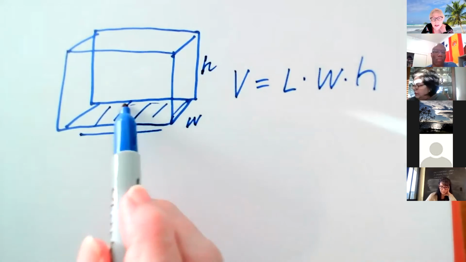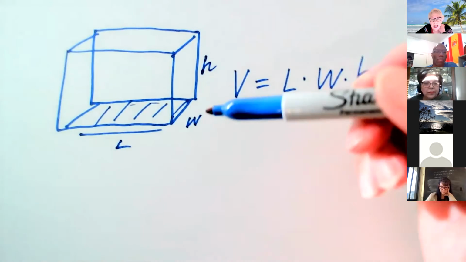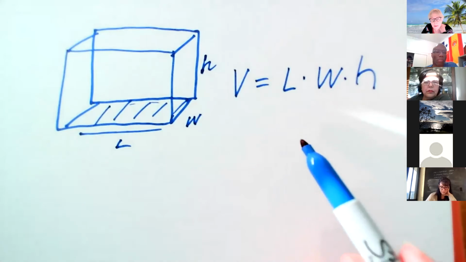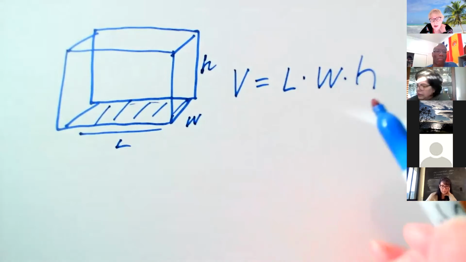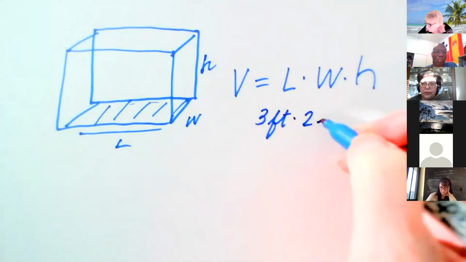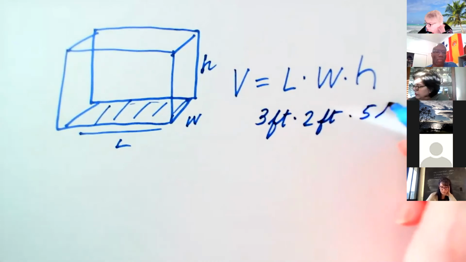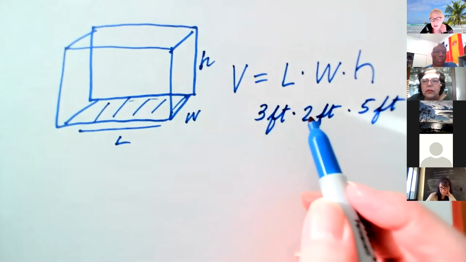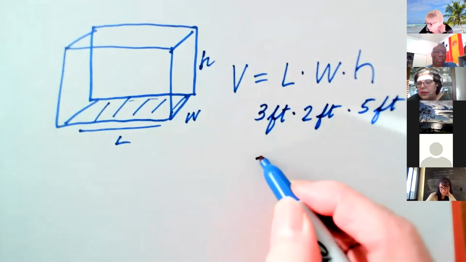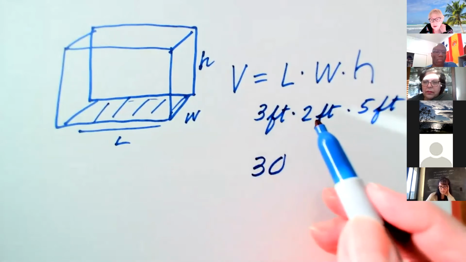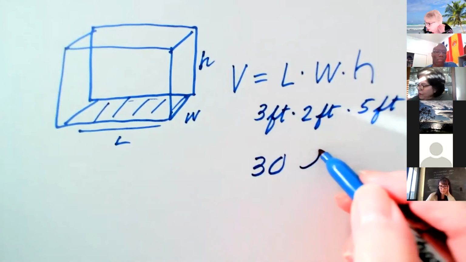It's almost like they took this thing down here and raised it. And that's where the formula comes from. So if this was 3 feet and this was 2 feet and this was 5 feet, 3 times 2 is 6, 6 times 5 is 30. But look at how many feet you have. Feet times feet times feet.